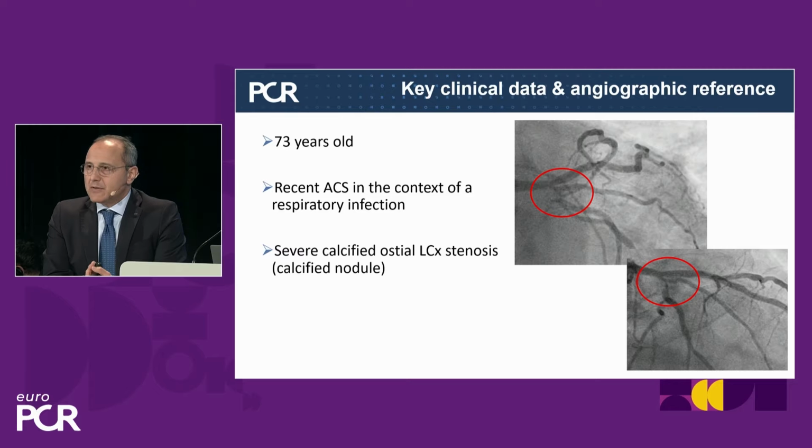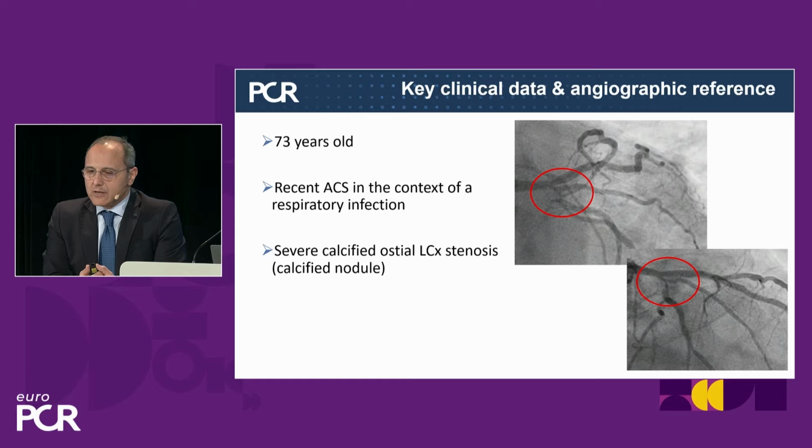So, 73 years old, recent acute coronary syndrome in the context of a respiratory infection, severely calcified ostial circumflex stenosis, in brackets there is also the specification calcified nodule. It's a challenging case.